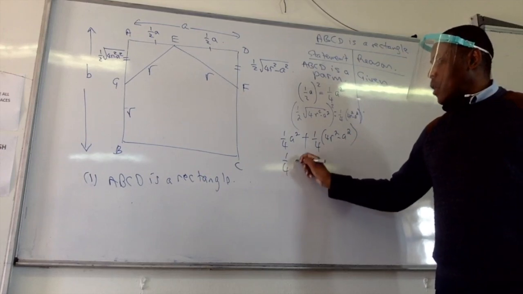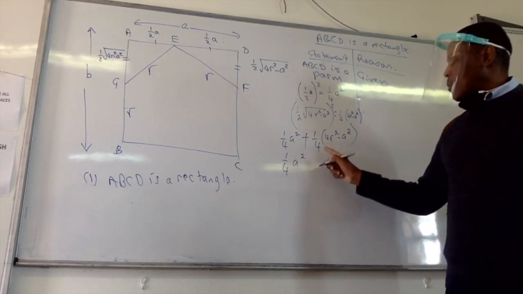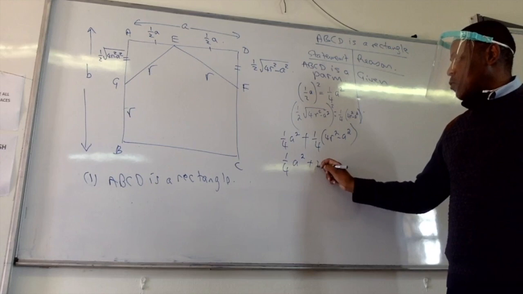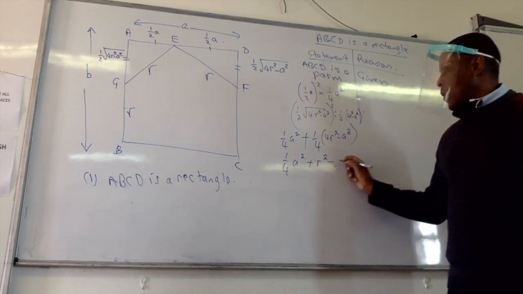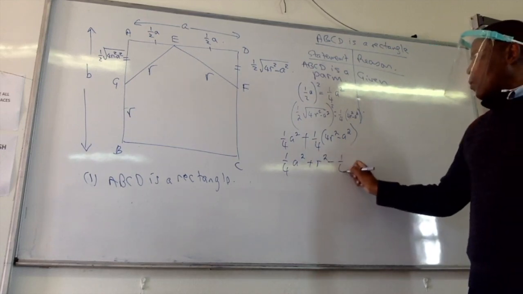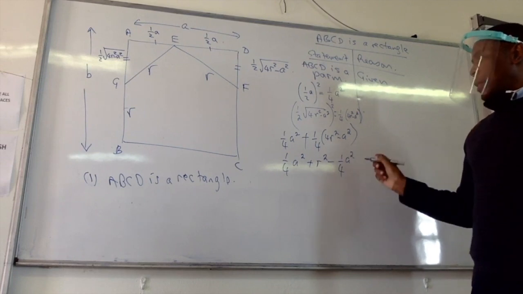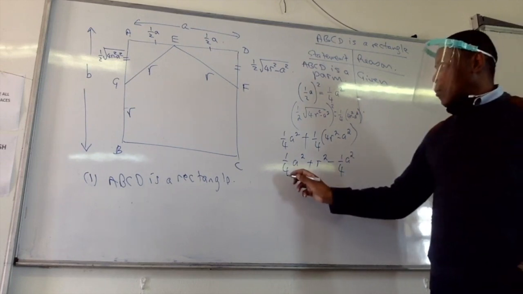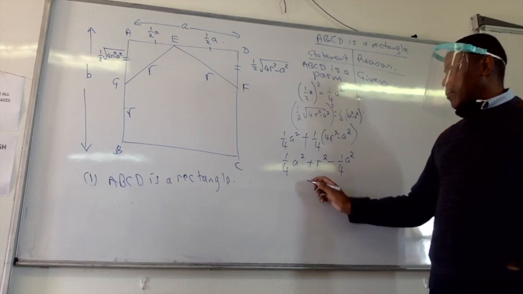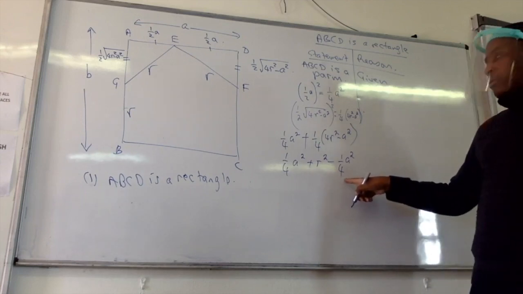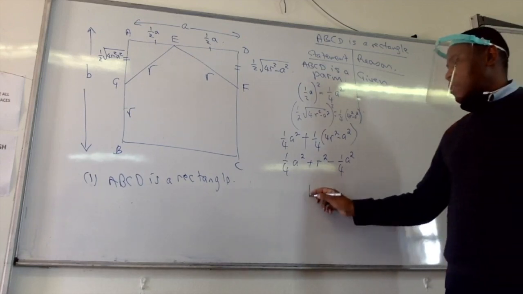This will give us 1/4 of a squared. I'm distributing that there. So that will give us plus r squared, and minus 1/4 of a squared, which is equal to, what does that simplify to? That simplifies to r squared, right?